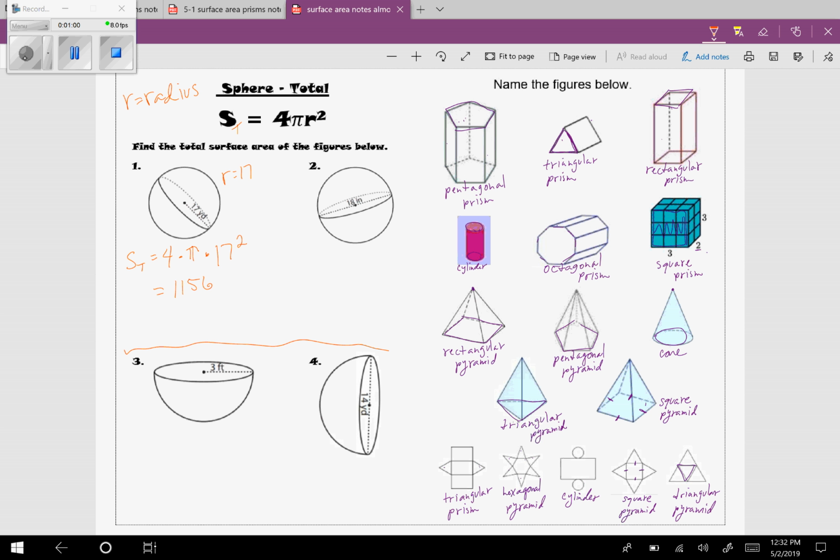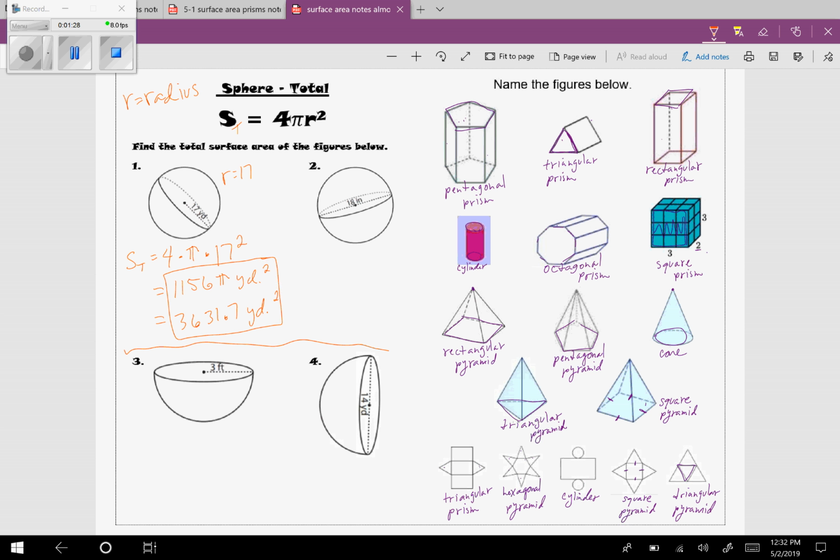Since we didn't multiply the pi, we have to put pi after it, and that's yards squared. To get this to the nearest tenth, you just do 1,156 times pi in the calculator, and you get 3,631.7 yards squared. So that's it for that one.